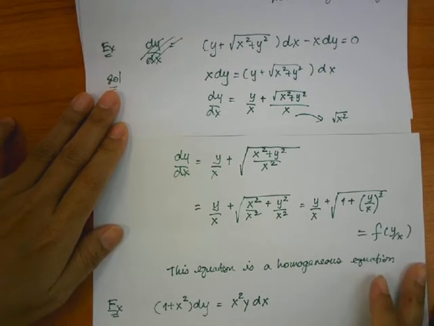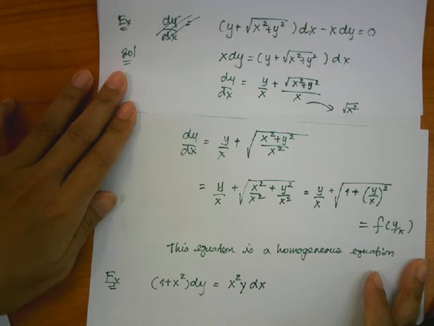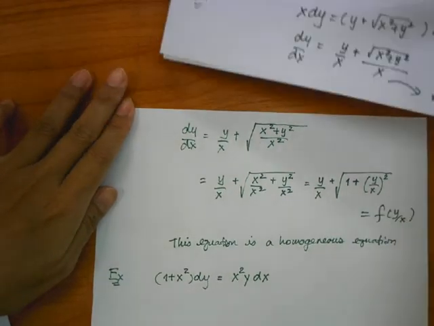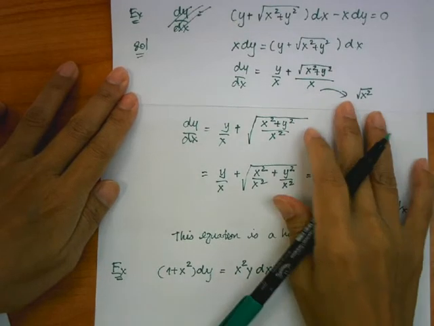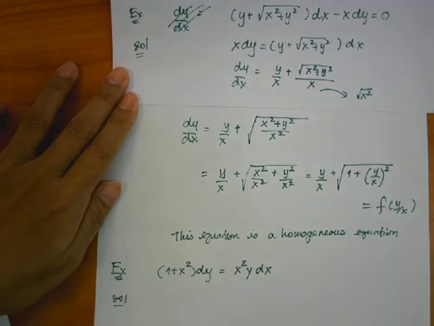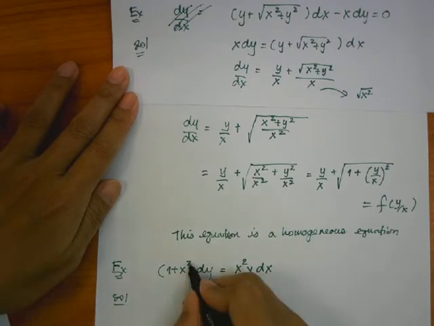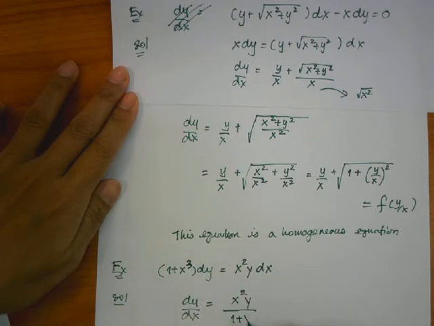Still the same question, whether this differential equation is a homogeneous equation. You write it down in terms of dy by dx, you would get dy by dx is equal to x squared times y divided by 1 plus x to the power 3.